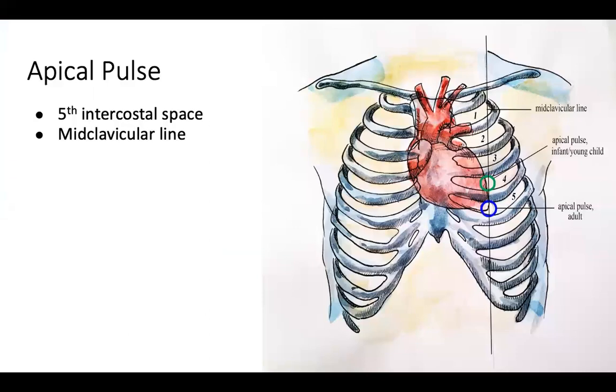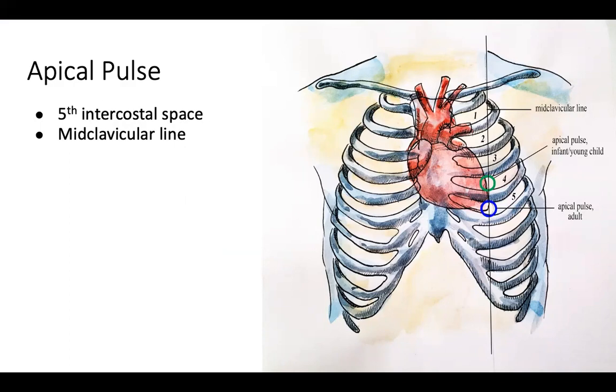Now, if you want to directly assess the heart beating and count the pulse that way, that is the most accurate pulse you can get. You're going to do the apical pulse. This is where your heart is the closest to your rib cage, so the closest to the outside of your body, and you can assess the heart rate and whether the rhythm's regular or irregular.